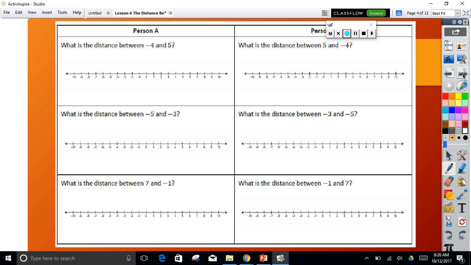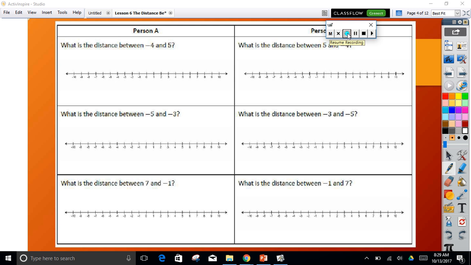The first row will do A, the second row will do B, and so on. Irene, you'll do A, and Carly will do B. That way you can discuss it with the person behind you. So let's take a minute and do that. You can discuss your results with your partner and compare A to B.